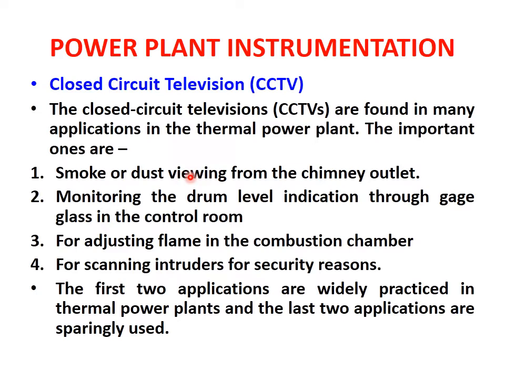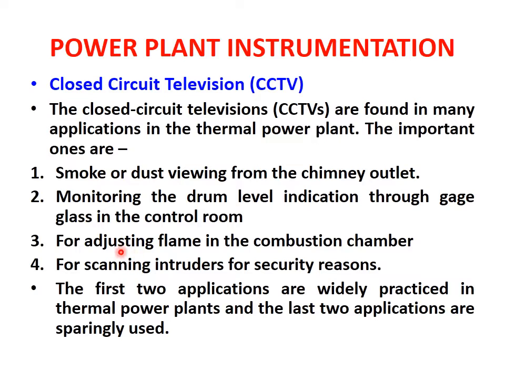The important ones are for smoke or dust viewing from the chimney outlet. We can employ a CCTV camera at the top side of the chimney for viewing smoke or dust. Second is monitoring the drum level indication through the gauge glass in the control room. If you want the details of this, see the lecture on level recorders in power plant instrumentation. We have already discussed this in detail.